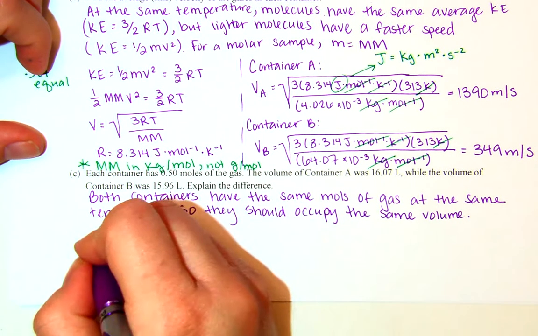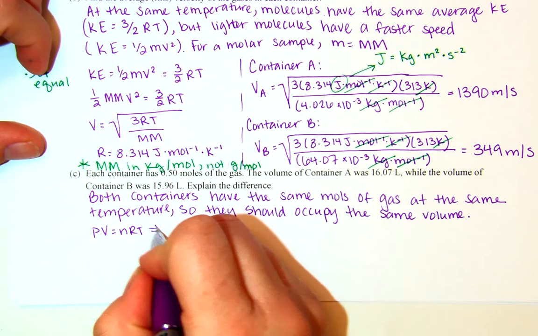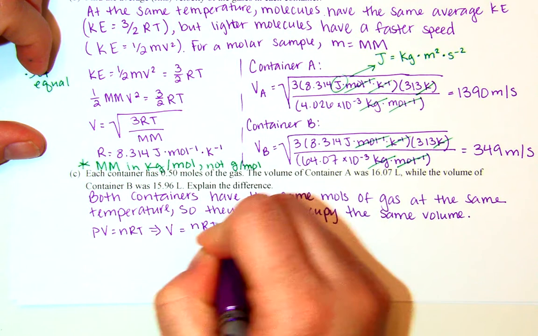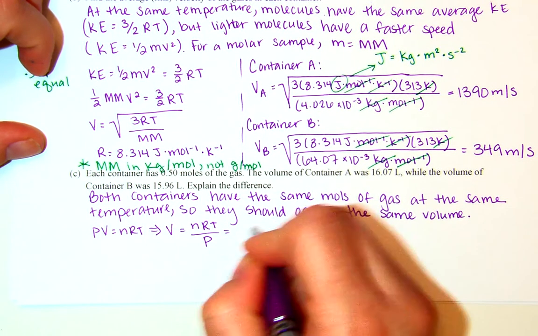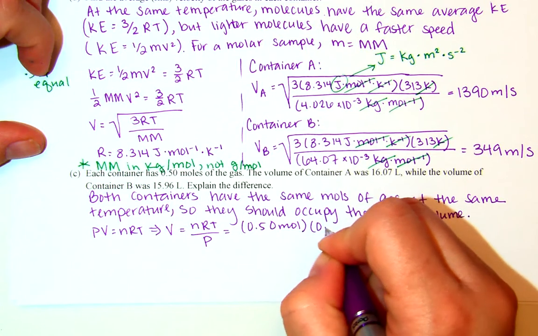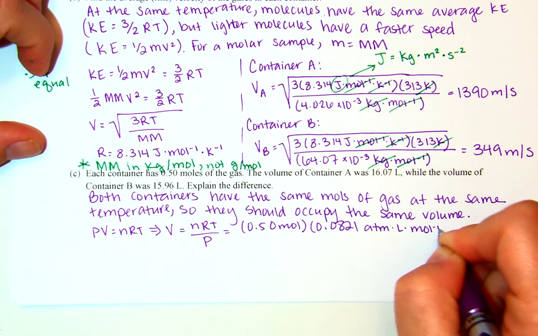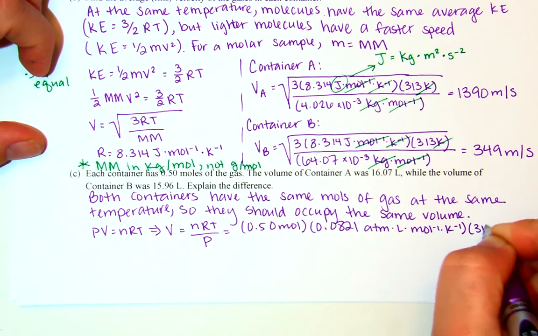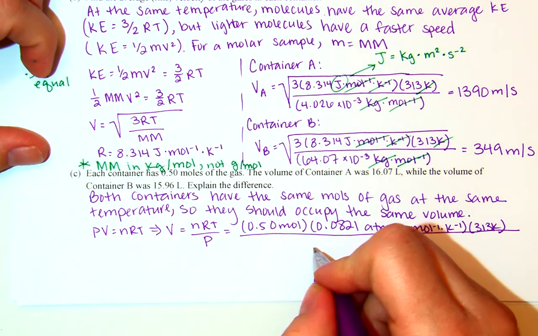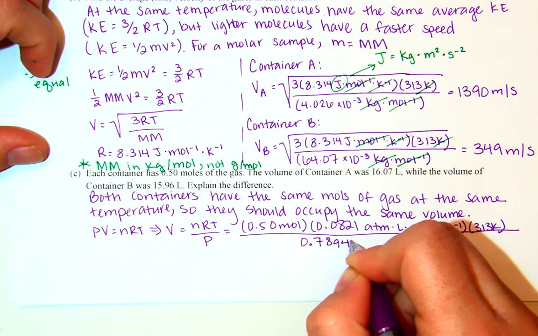So just to do a calculation to see what it should be, PV equals nRT, rearrange that to get volume, just like we solved for up here. So our volume equals nRT over P. Plugging everything in, we said it was a 0.5 mole sample. 0.0821 is my R. And we're at 313 kelvins over our pressure, which we calculated above, is the same, 0.078947 atmospheres.